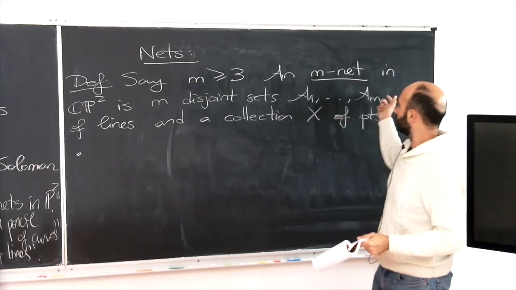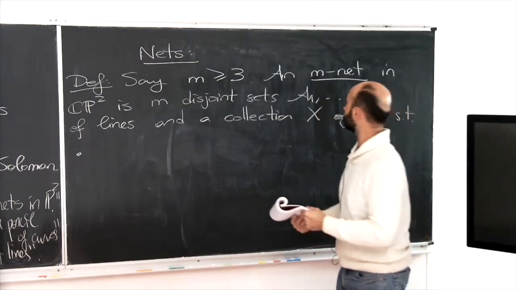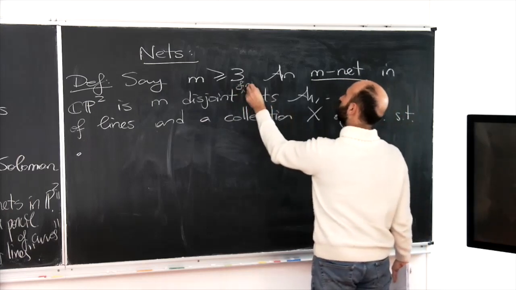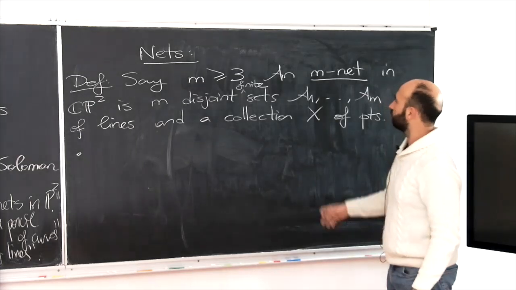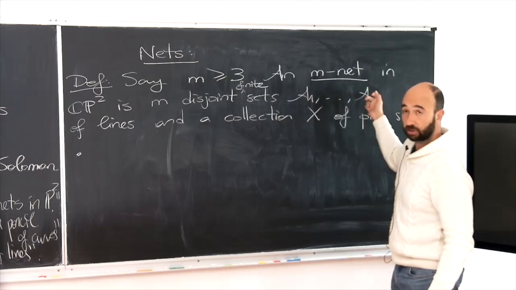These are finite sets of lines. And for every point in X, you want it to belong to precisely one line in every class.